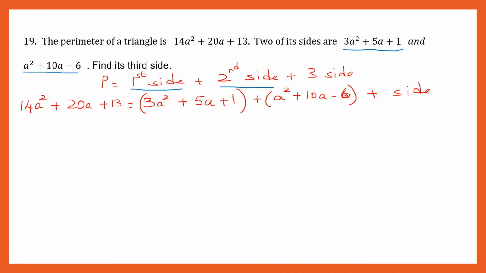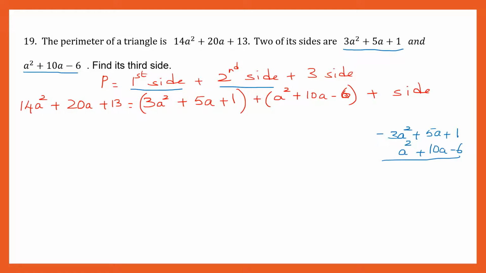So first thing, let's add up the first side and the second side. Let's find out the sum of the two sides. So let me write it down here. 3a square plus 5a plus 1. And below that we have a square plus 10a minus 6. Okay.